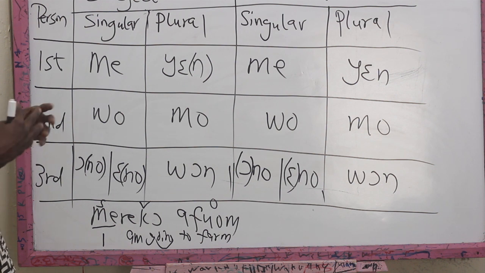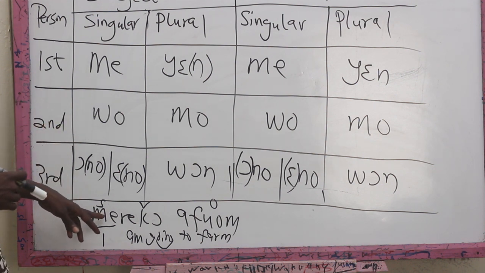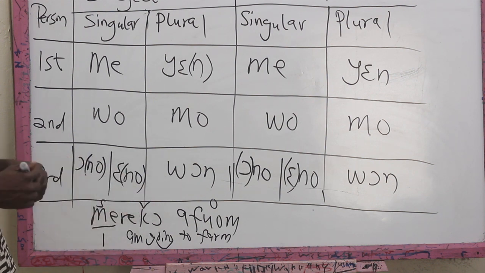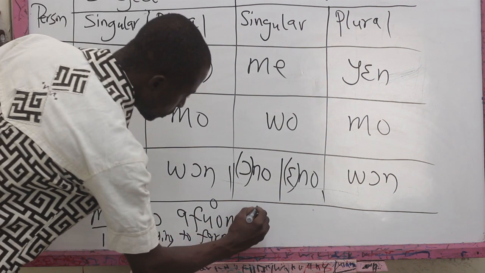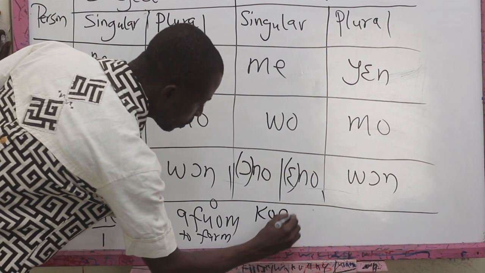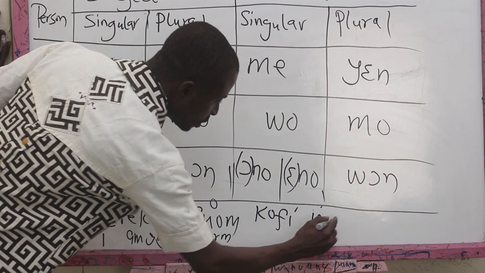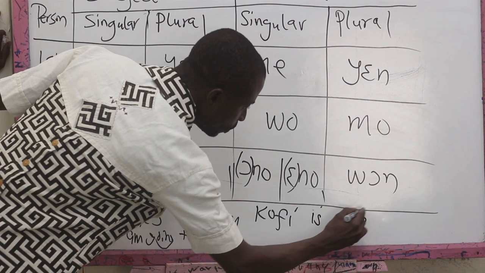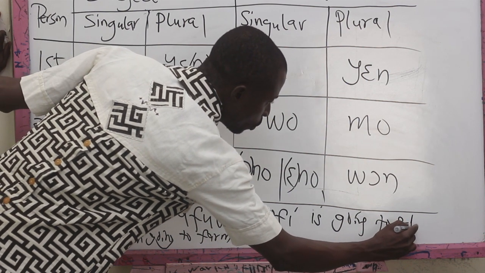But if you are writing a noun and a pronoun, we separate them. For instance, Kofi is going to school.